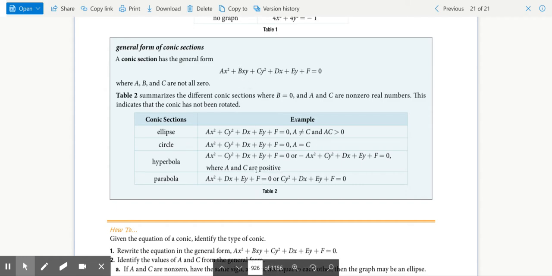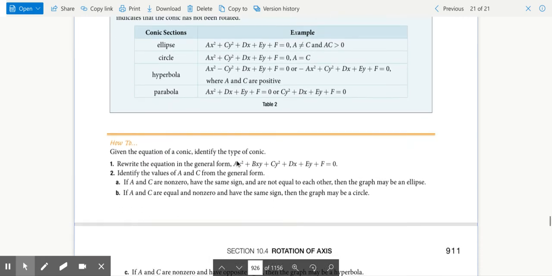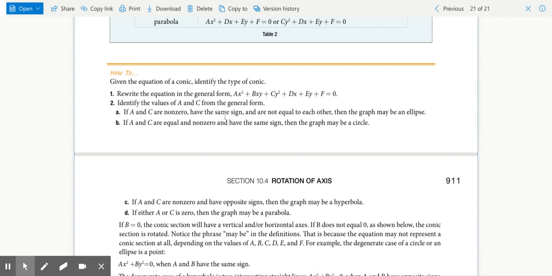If you have an xy term, then you can use these rules to guess at what you think the conic section might be, but you can't actually be sure just by looking at the general equation. In this part, the book basically writes out what I just told you, except it's using the very general form of the equation.